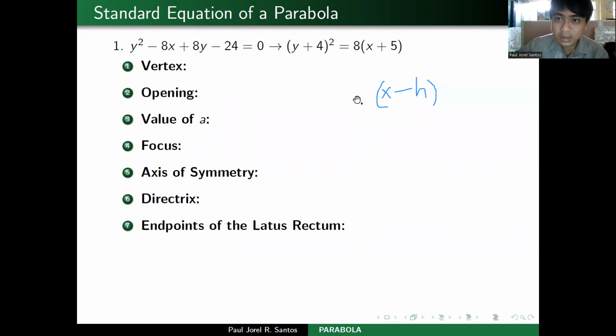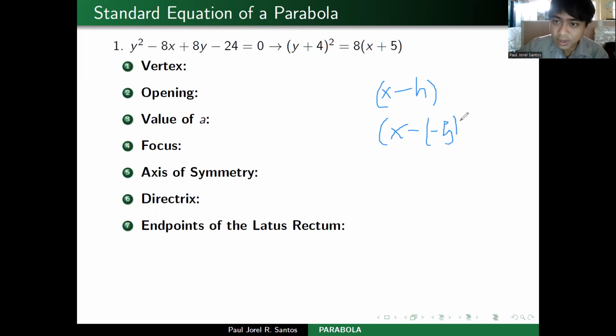So meaning to say, we have here x minus negative 5.